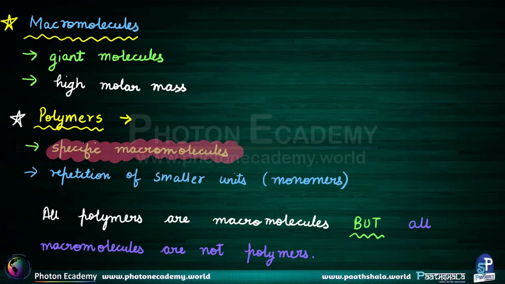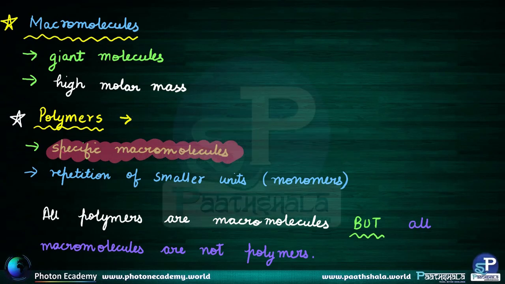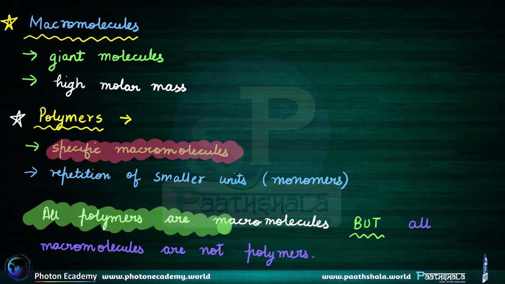Macromolecules can be molecules where no repetition of smaller units has taken place. Therefore, the important point is that all polymers are macromolecules.